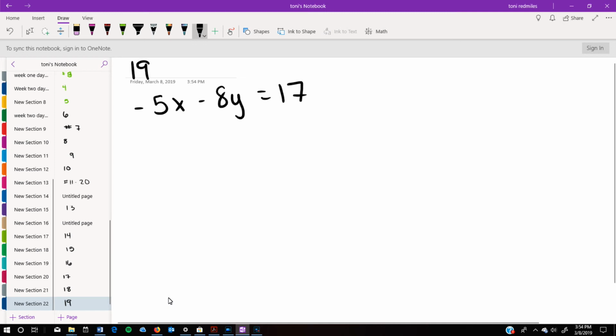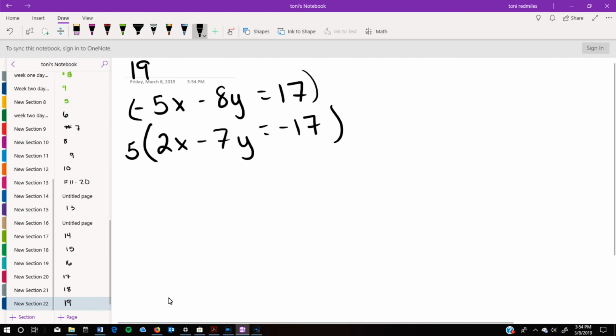I wish we could do elimination on the constants, but we can't. All right, I'm going to times this one by 5, but that's not going to do it. So I'm going to have to multiply this one by 2. So I'm changing both this time in order to do my math.